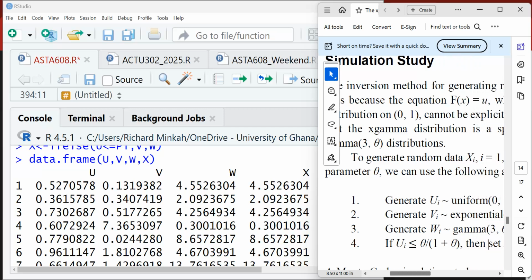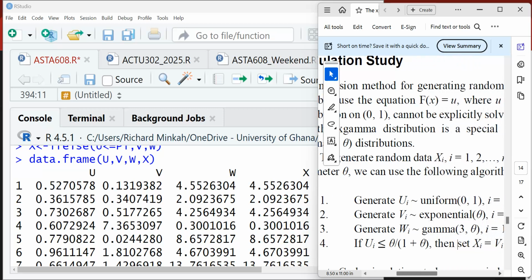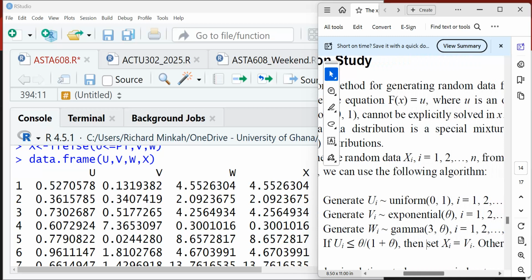So this is the condition we are using: if U is less than 0.33, then X is V. So here, is U less than 0.33? No. So X will be equal to what? W. So that's why it's the same. Good. Then we come to the second one.